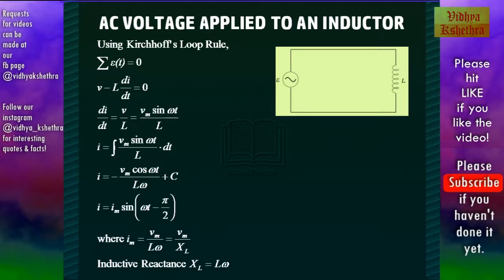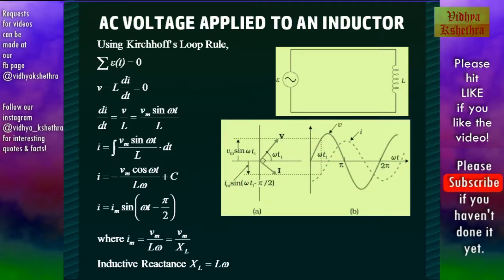Now after comparing the alternating voltage and the current functions, we can see that there is a phase difference between the voltage and the current. We can see that the current lags behind the voltage by pi by 2 or 90 degree. Now we can draw a phasor representation of this circuit.